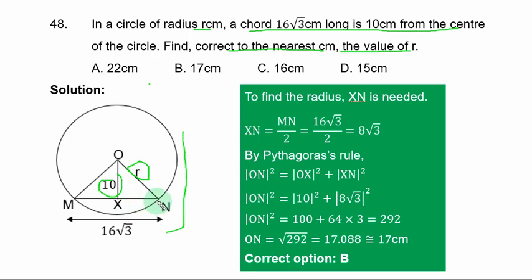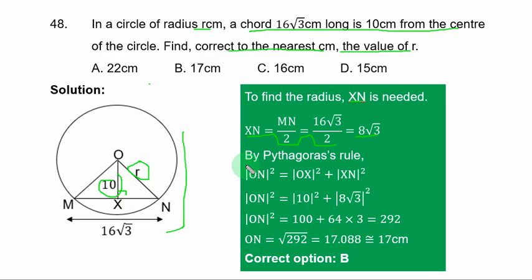We divide through by 2. To find the radius, SN is needed, and SN is equal to MN/2, as I've explained earlier. That is 16√3/2, and you have 8√3.